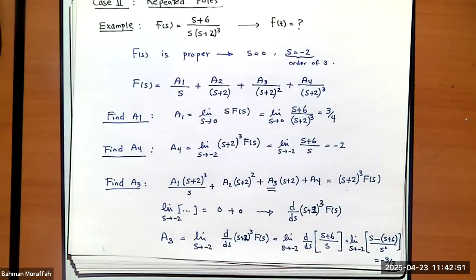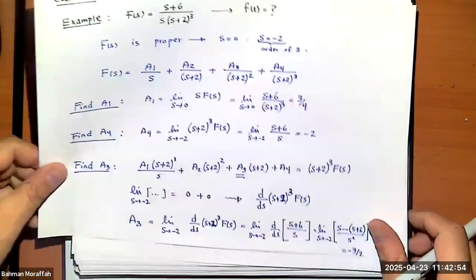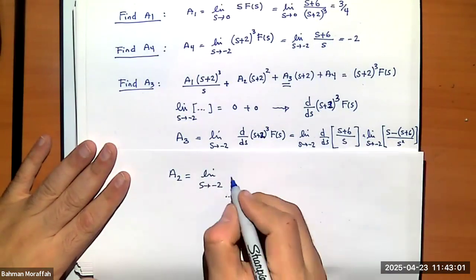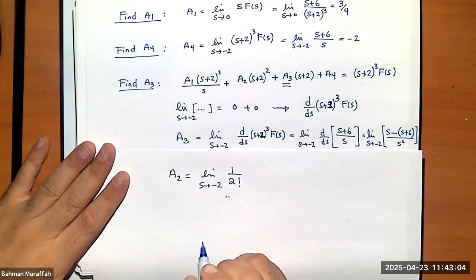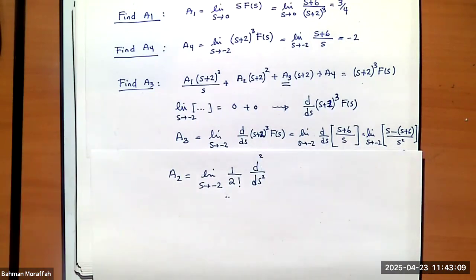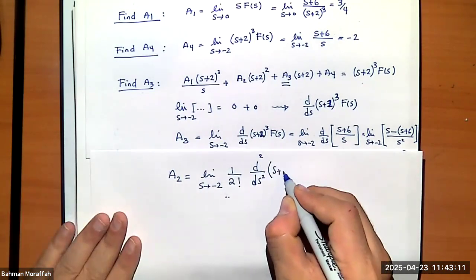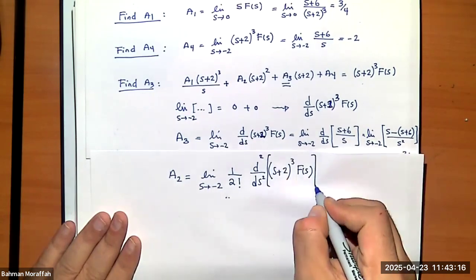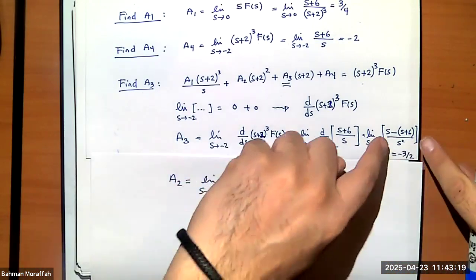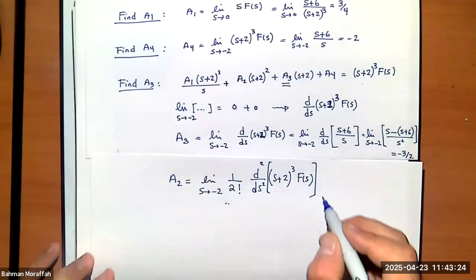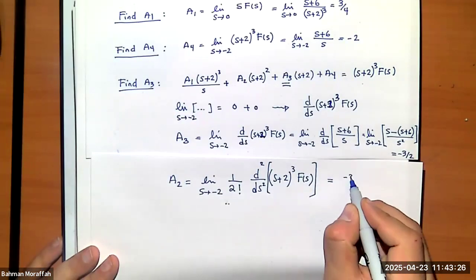So A2 is the limit as s goes to -2 of 1 over 2 factorial, the second derivative of (s+2)^3 f(s), which means I take the derivative of this portion. Turns out this is -3.